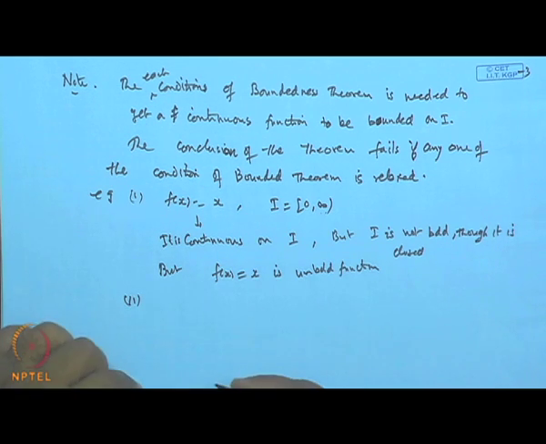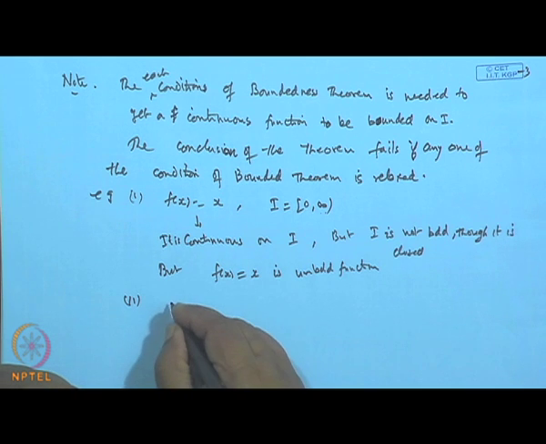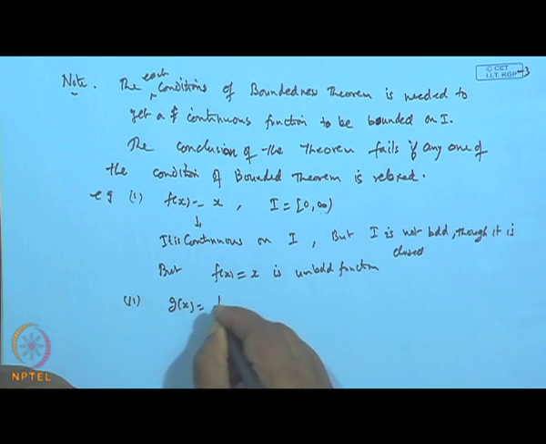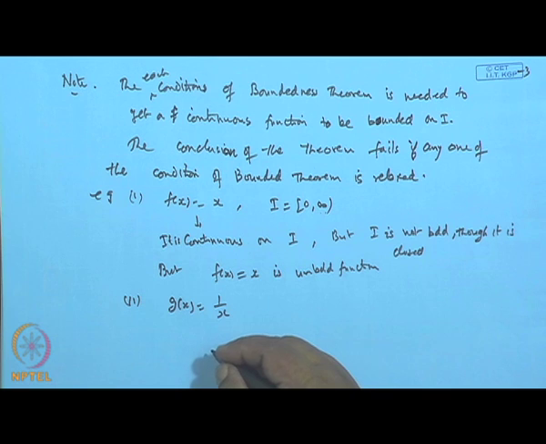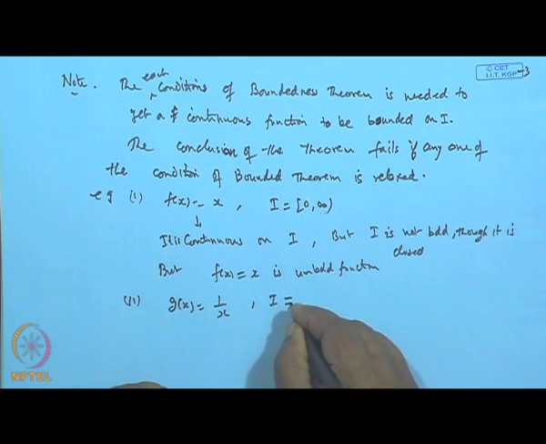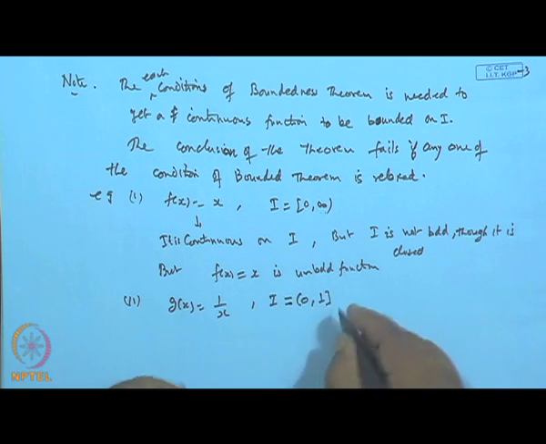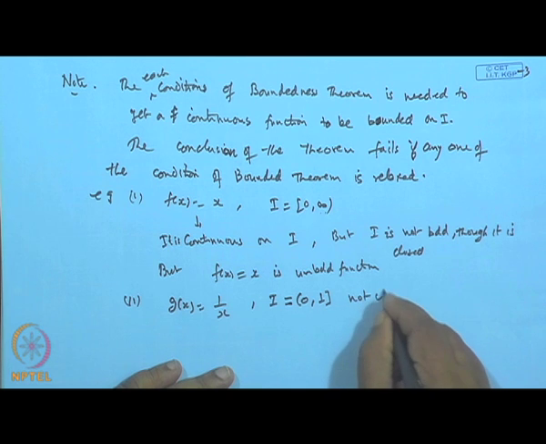Second, suppose I take the function g(x) = 1/x, and I choose I to be the interval (0, 1]. Now, this interval is bounded but not closed.